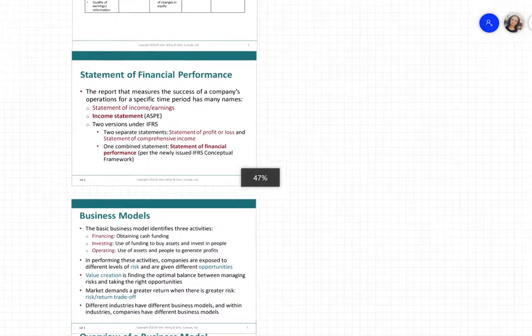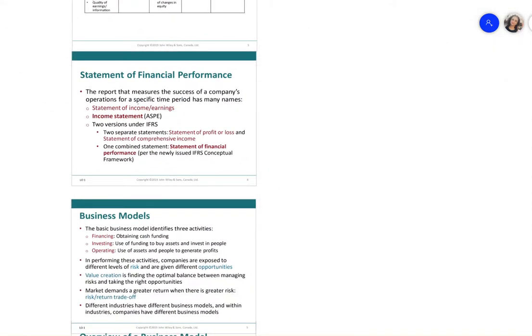IFRS has two versions of this statement of financial performance. When we say two versions, they have two separate statements. The first statement is called a statement of profit and loss. The second statement is called the statement of comprehensive income. So in the statement of financial performance, they have two components: a statement of profit or loss and a statement of comprehensive income.